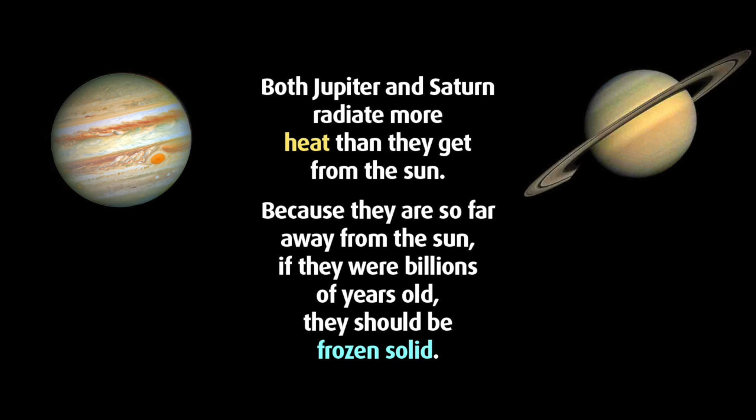You put an ice cube in a glass of water, that ice cube is going to lose some of its cold to the water around. It will disintegrate. Same thing with heat. Over time, heat dissipates. Over billions of years, there should be no heat on either Jupiter or Saturn, especially as far away from the sun as they are. They should be frozen solid.